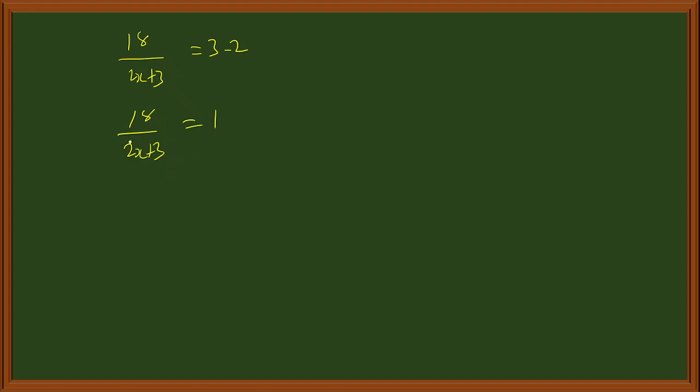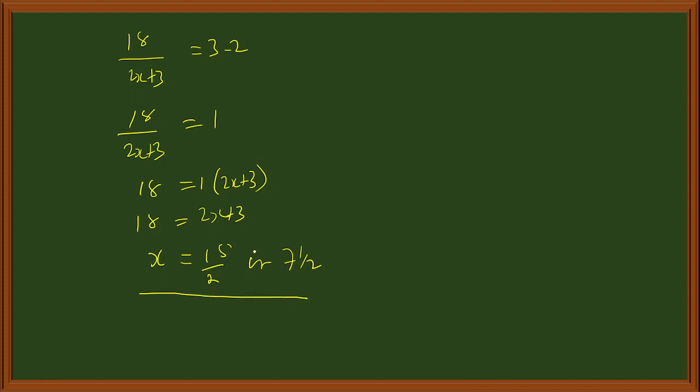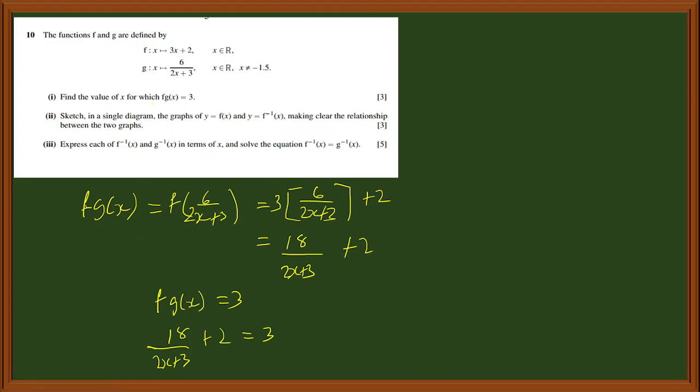And to get rid of this denominator, we will multiply the right hand side, and we'll have 18 equals 1 times 2x plus 3. And when we open the bracket, that is 2x plus 3. So solving this equation, we are going to get the value of x being equal to 15 over 2, or 7.5. So this is the solution for the expression that you are being asked to find in part 1.